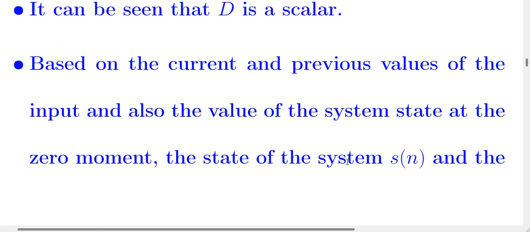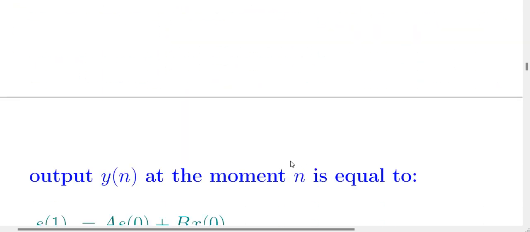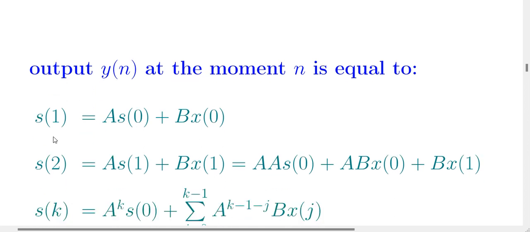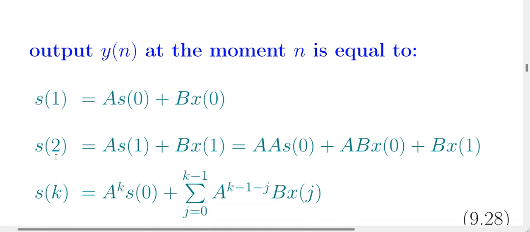The state of the system S[n] and the output y[n] at the moment n: S[1] is equal to A times S[0] plus B times x[0].